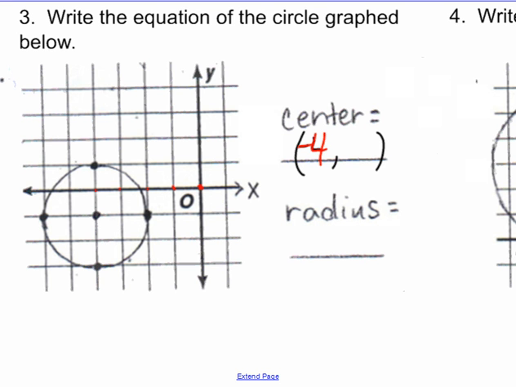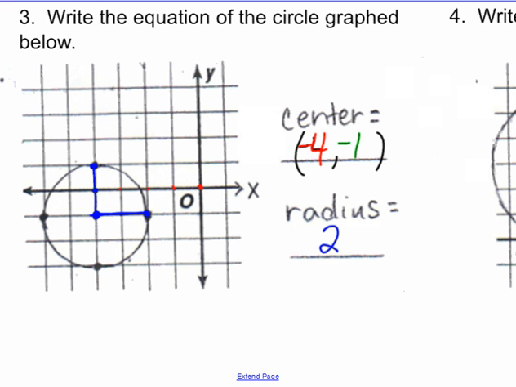And then the y is -1. And the radius we can count any of the horizontal or verticals to the side of the circle. So I'm going to count from the center, 1, 2. The radius right here is 2. I could count it vertically as well, from the center, I can count up, that's 2.